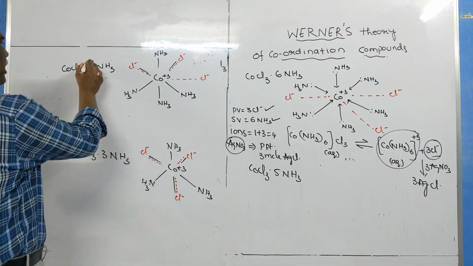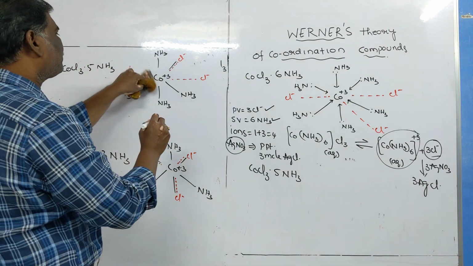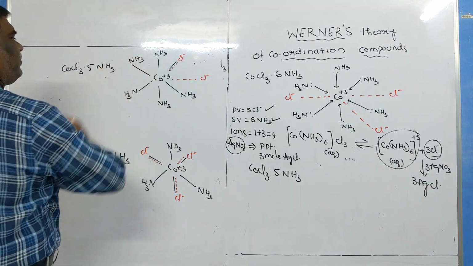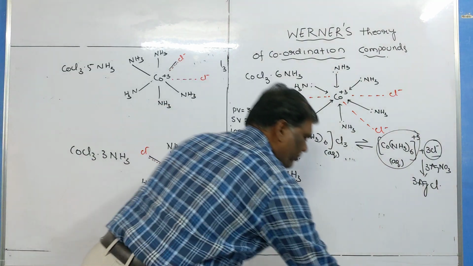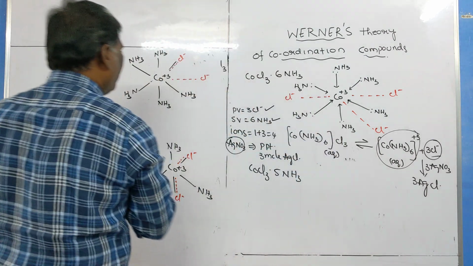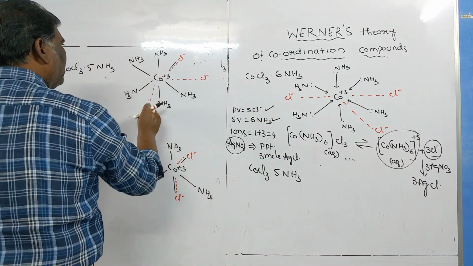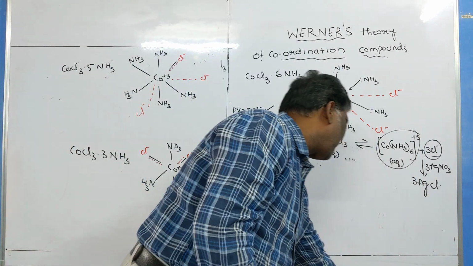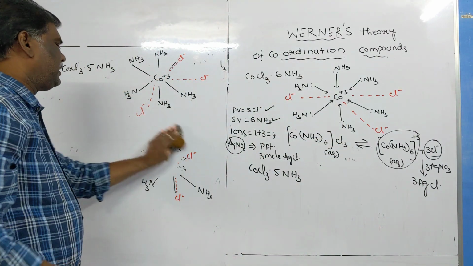Now this time I am going to discuss CoCl3·5NH3. In this one, I told you there is one chloride which is satisfying both primary valency and secondary valency.